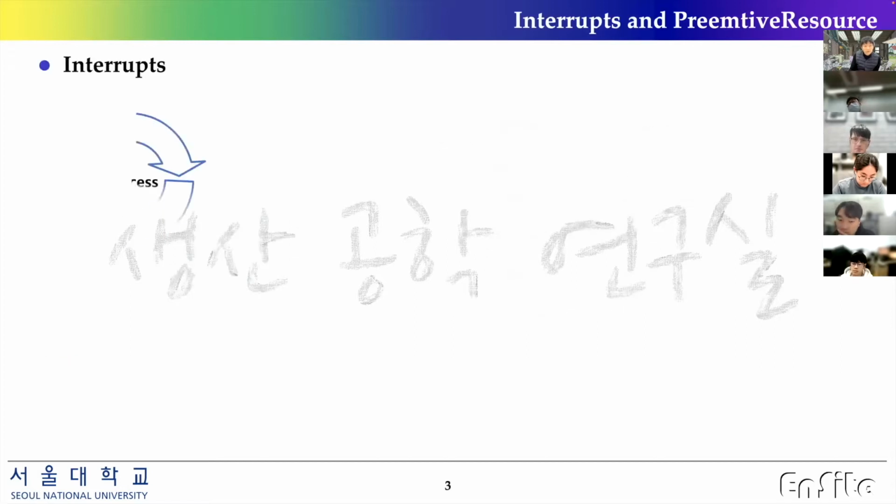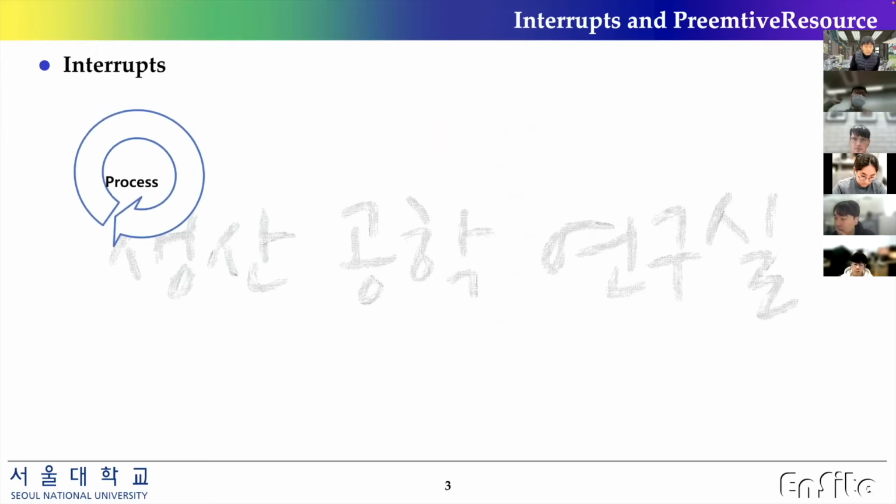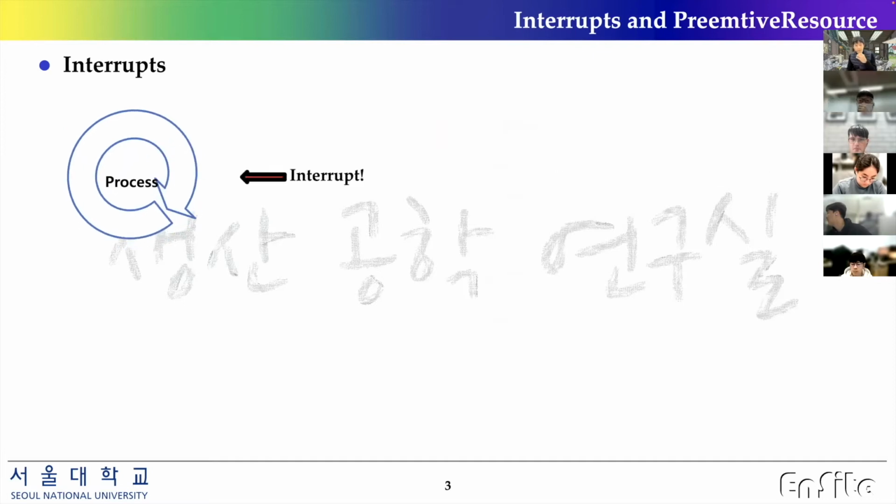In this example, there are two important concepts. The first one is interrupt. Interrupts are functions which stop a process, even though that process is in progress.